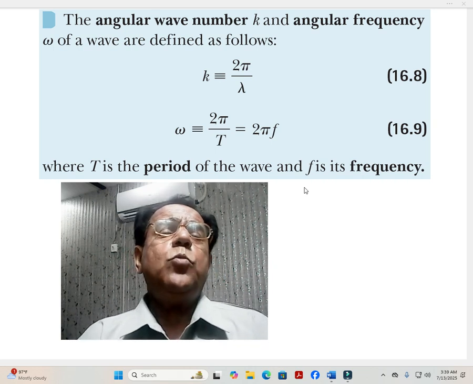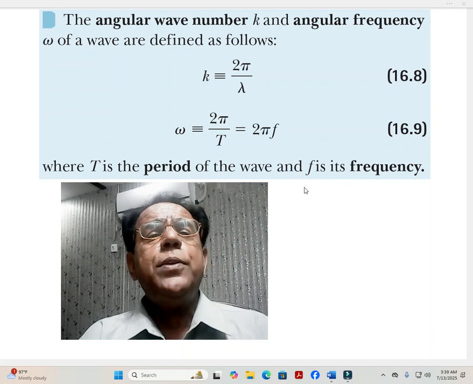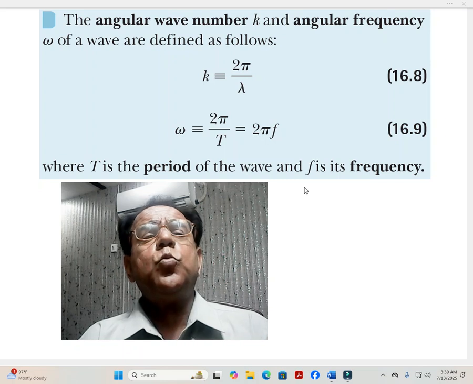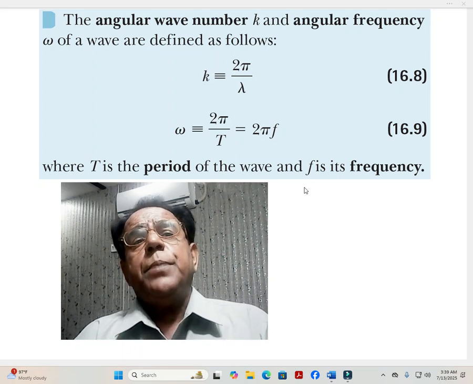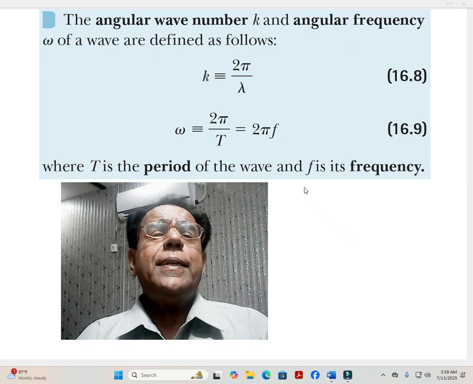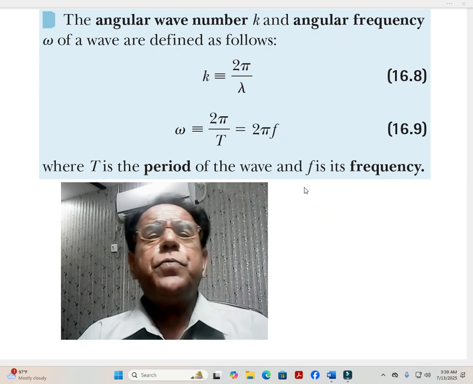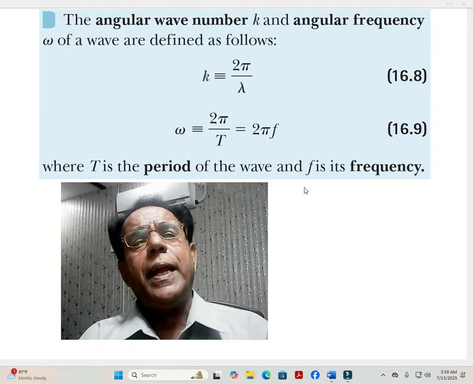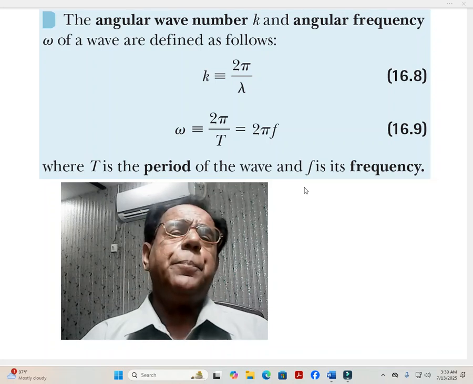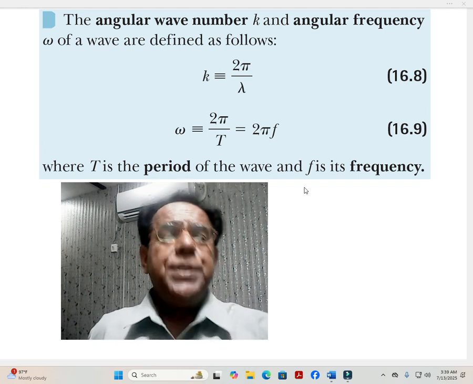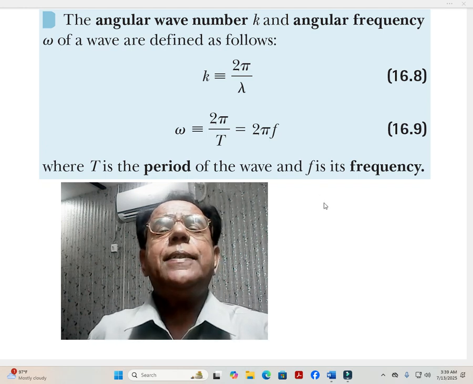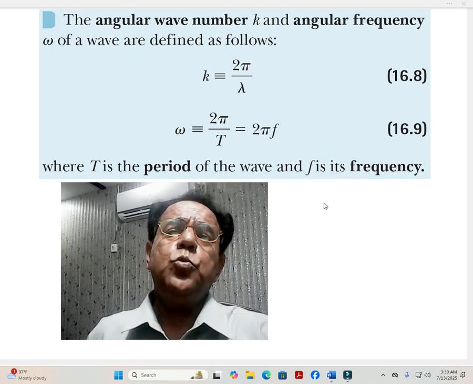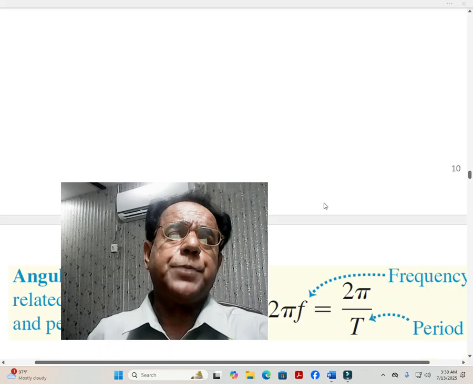Moreover, angular frequency omega is equal to 2 pi over T, where T is time period, and is equal to 2 pi f, because we know that frequency and time period are reciprocal of each other. 1 over tau is equal to f, and 1 over f is equal to tau, where tau is the period of the wave and f is its frequency. This expression will also be used in solving our problem.